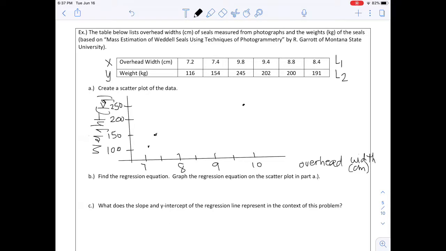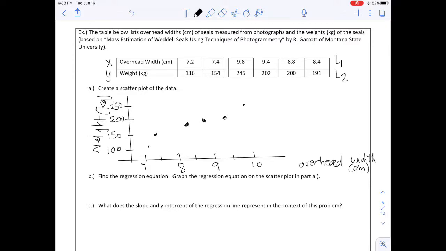It's our largest seal. Then we have 9.4 and 202. We have 8.8 and 200. And then 8.4 and 191. So again, do the best that you can.